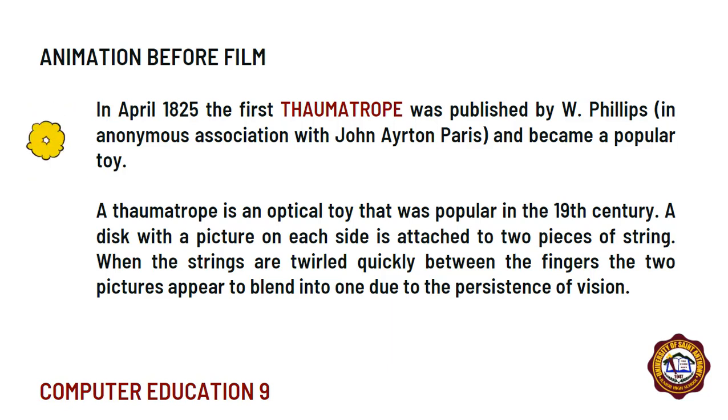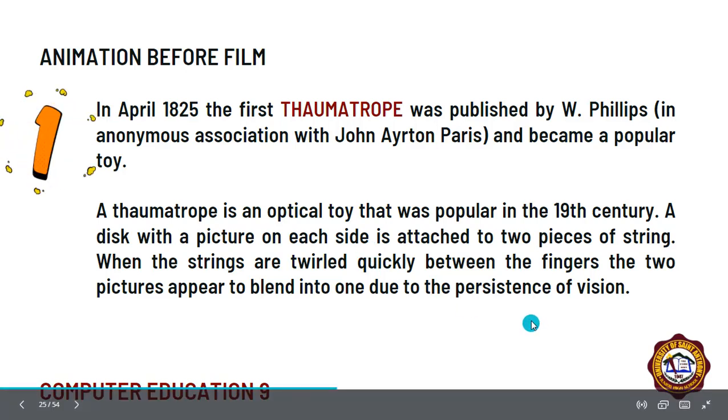So, in anonymous association with John Ayrton Paris, and became a popular toy. So, this one, para siyang naging laruan. A Thaumatrope is an optical toy that was popular in the 19th century. I think baka mayroon ng nakakita sa inyo ng ganito. I'm not sure. A disc with a picture on each side. So ito yung description niya. So it's a disc with a picture on both sides, attached to two pieces of string.